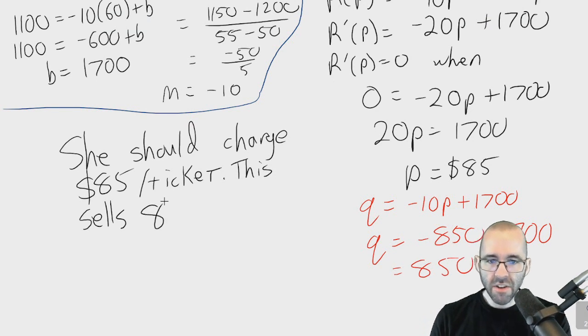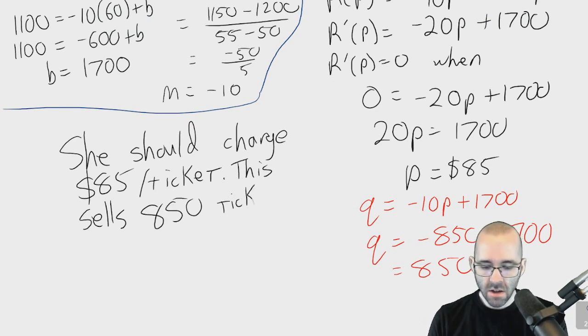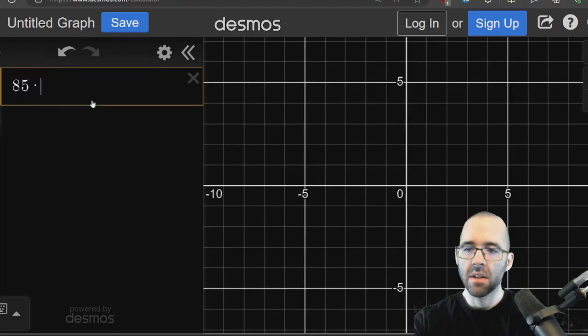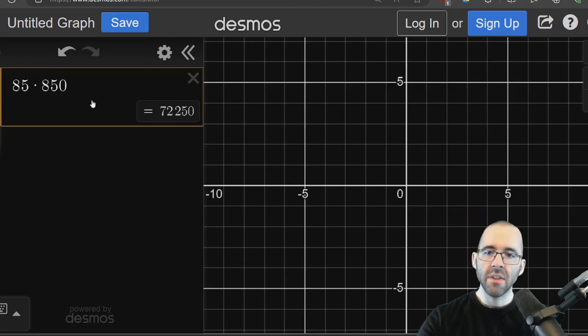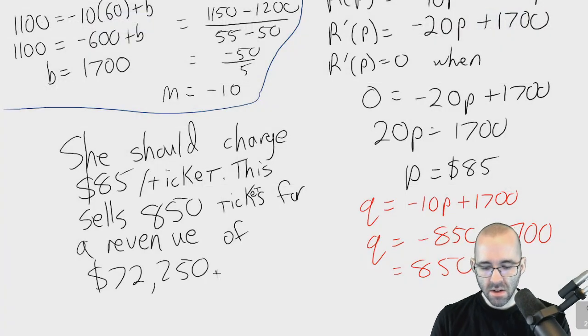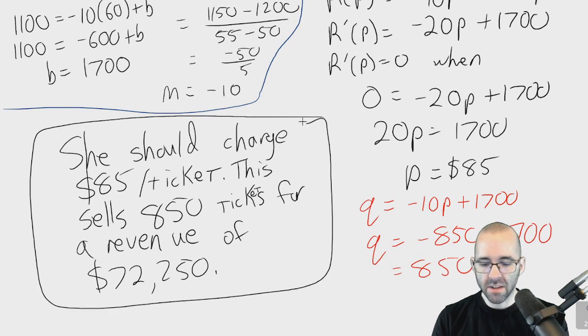So this sells 850 tickets for a revenue of 85 times 850, which is $72,250. Great. This is the best answer. It answers the question and gives a little bit of context.